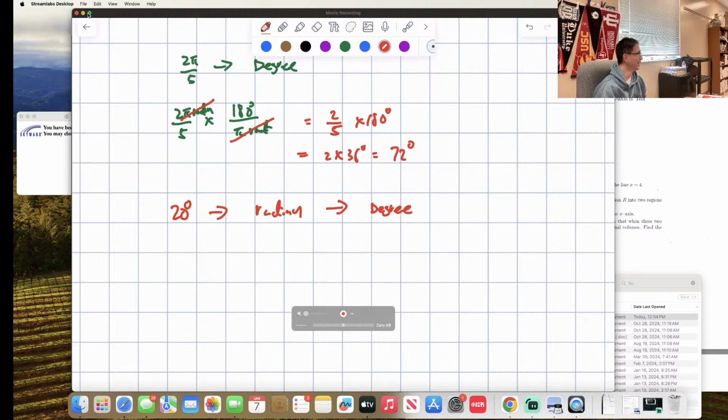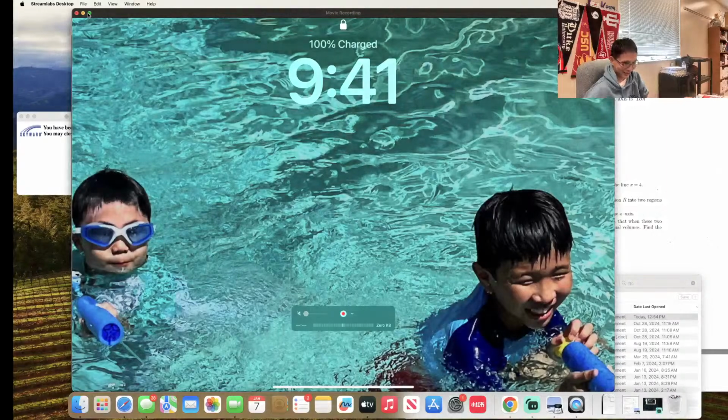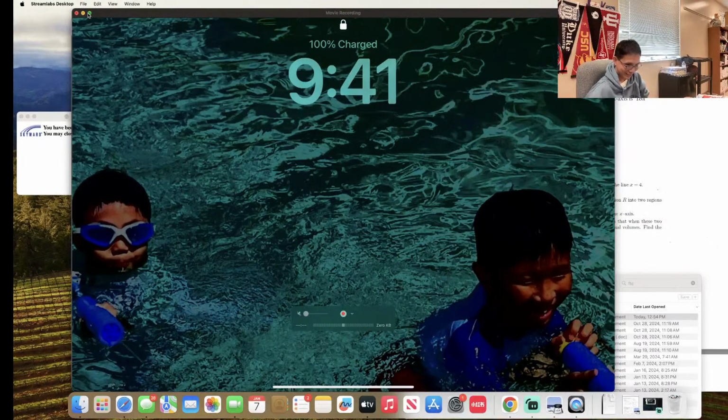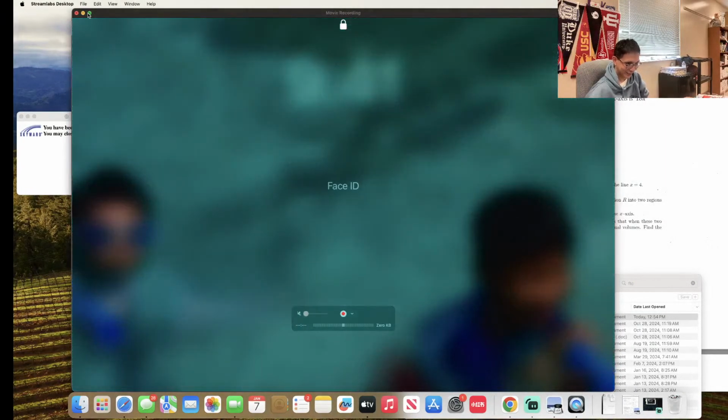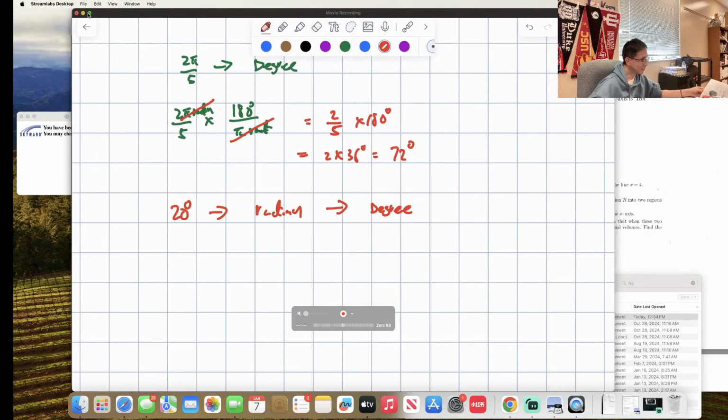Starting at 20 degrees, right? So you're trying to convert it into radians. So you always put the same unit on the bottom. 180 degrees is pi radians.